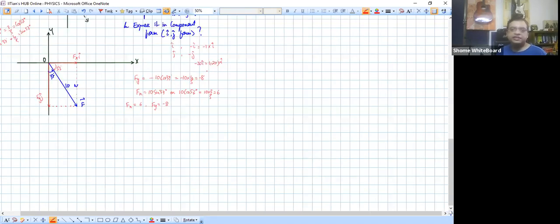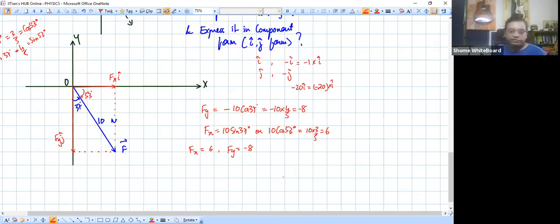Because if I said the y component is 8 only instead of minus 8, then what difference would this vector have with respect to another vector which actually has a positive y component? You understanding my point, beta? If I write fy plus 8, then that should be a vector like this, no? It should have a positive component.